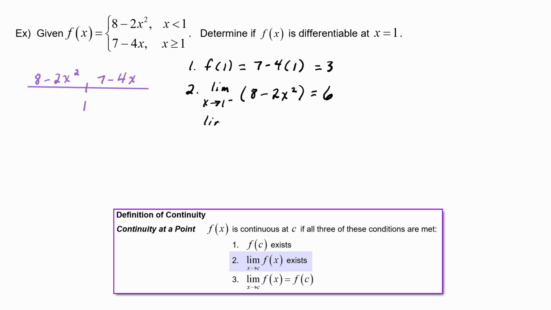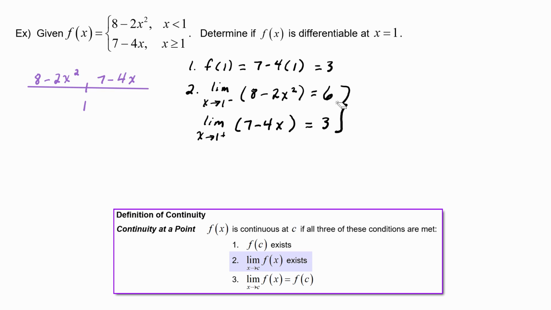The limit as x approaches 1 from the right means we have to use this 7 minus 4x piece, and with direct substitution, this is equal to 3.